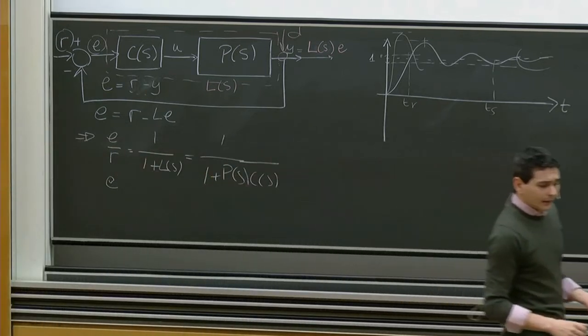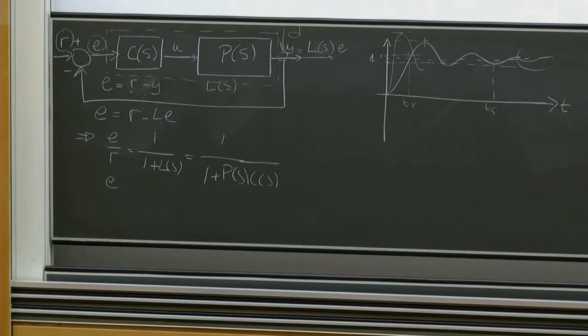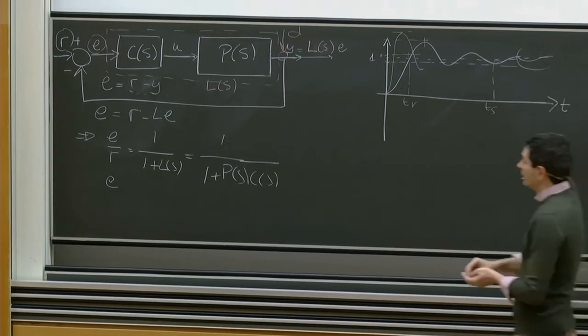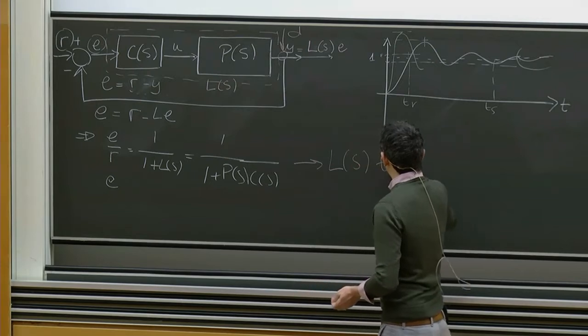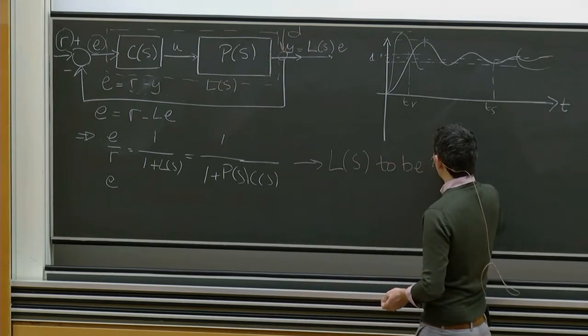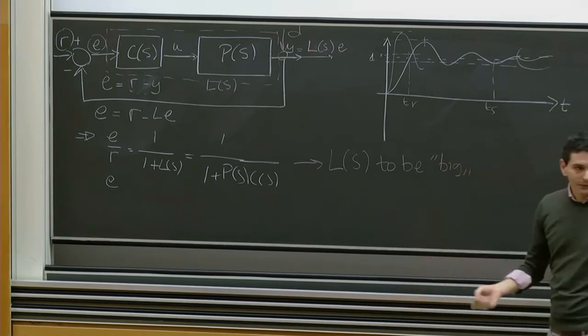So we saw that if we wanted good disturbance rejection and tracking, we needed L of S to be, sorry, to be big or large in some sense that we will define later.